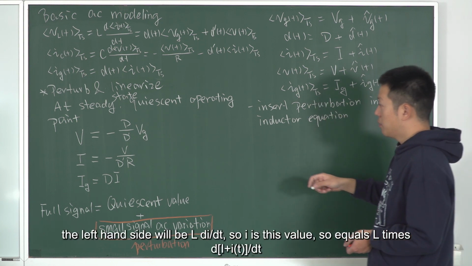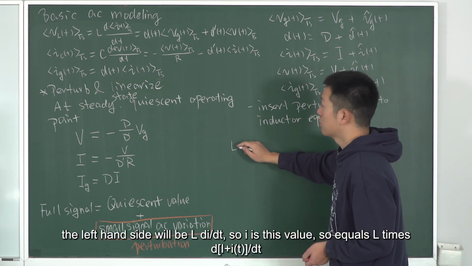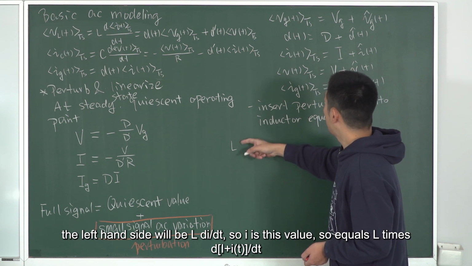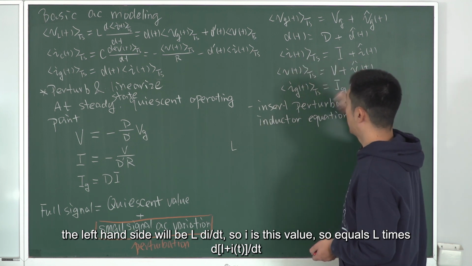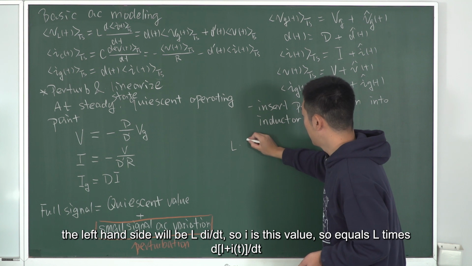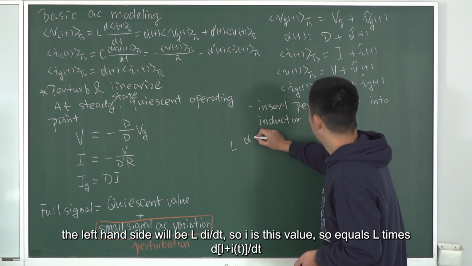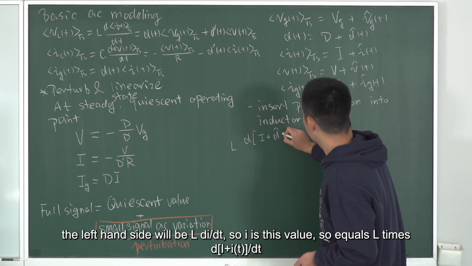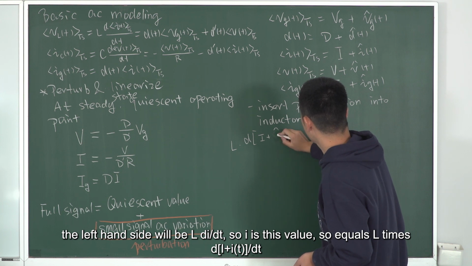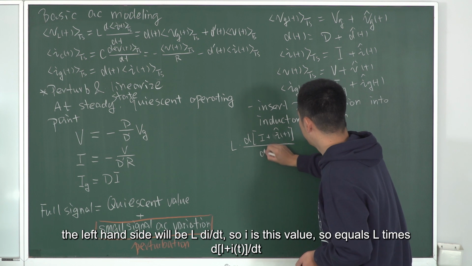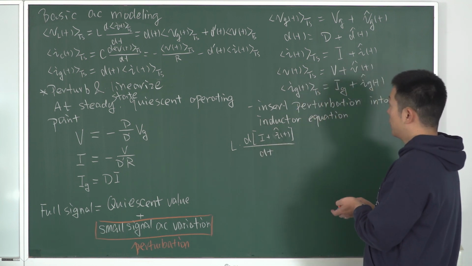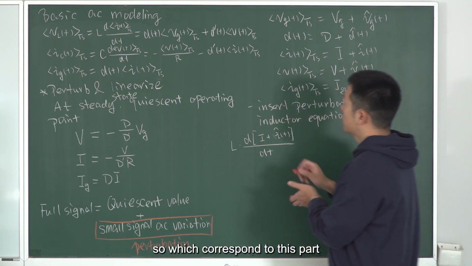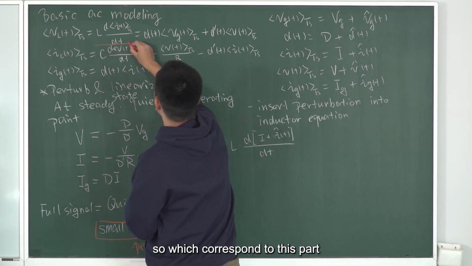The left-hand side will be L di over dt. So I is this value, right? So it equals L times d of I plus small signal over dt, which corresponds to this part.